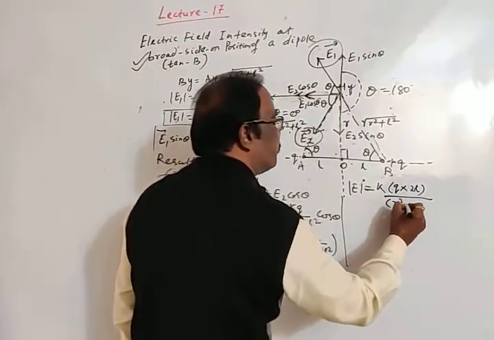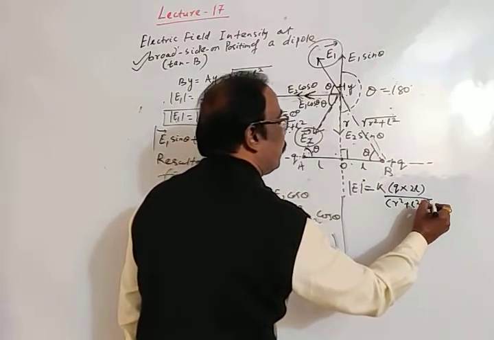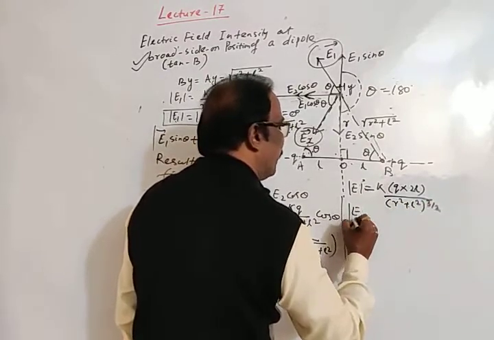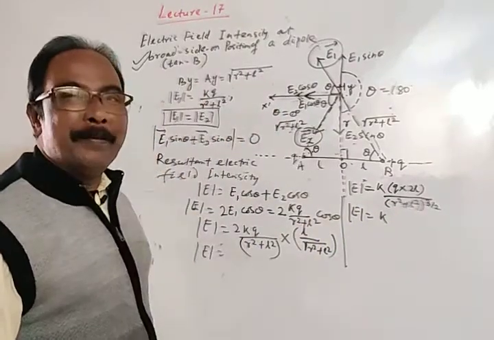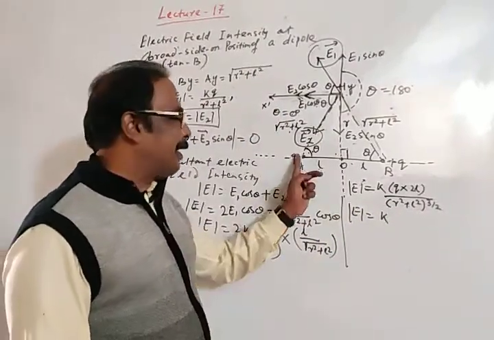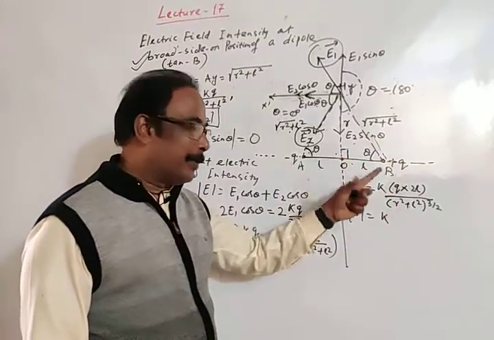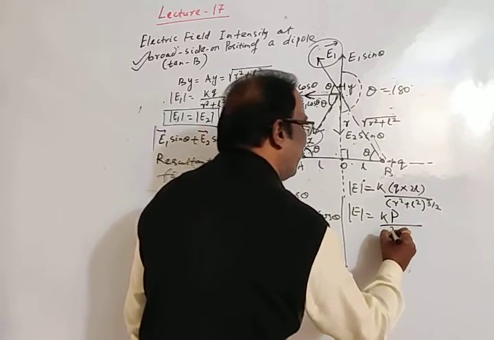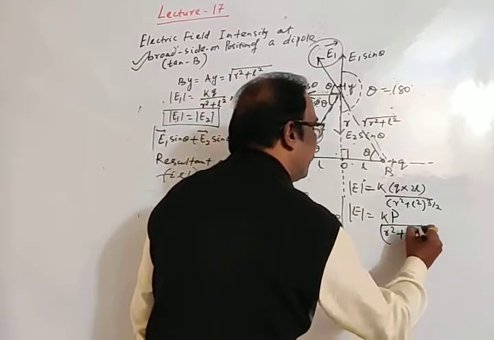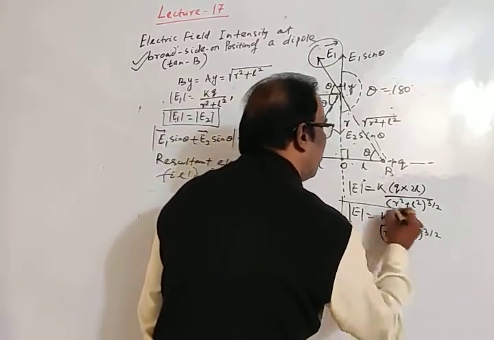So solving it, R square plus L square whole to the power 3 by 2. So the magnitude of the resultant field intensity is K Q into 2L, the product of the magnitude of one of the charges and the distance between the two equal and opposite charges, which is the dipole moment P, divided by R square plus L square whole to the power 3 by 2.